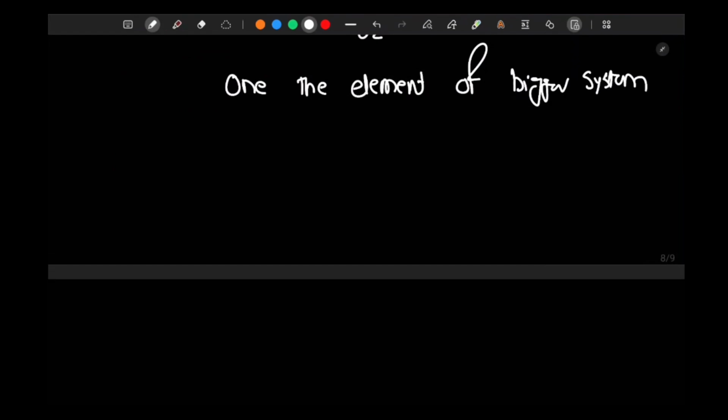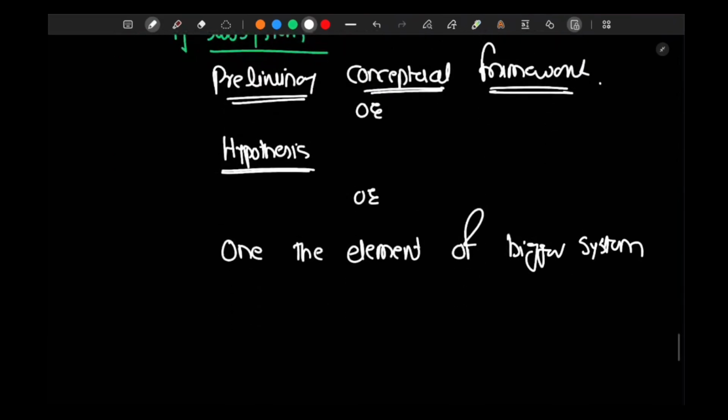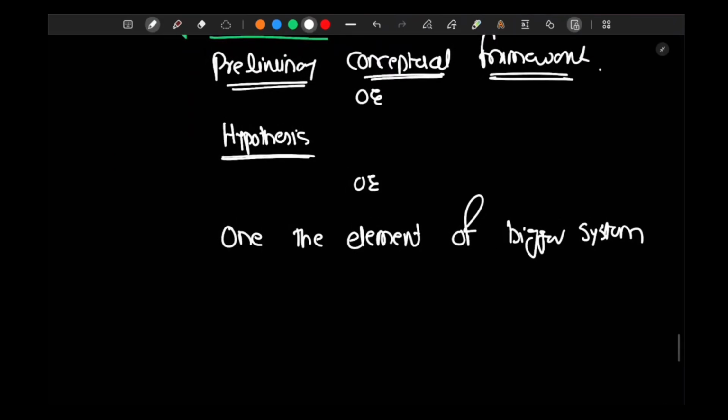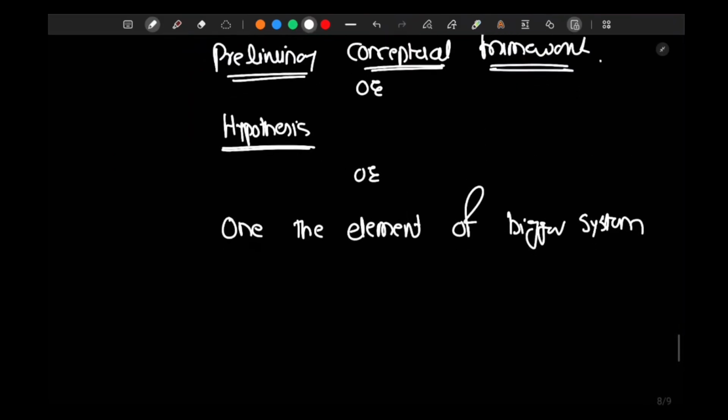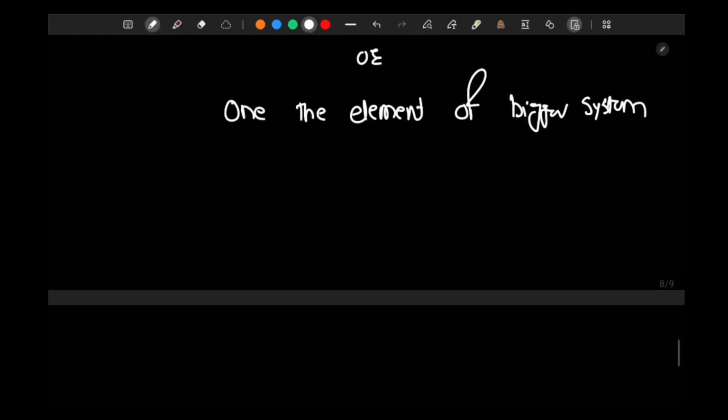So these three systems more or less make the system. So in political science, you will see this as a preliminary conceptual framework or hypothesis. I will give you an example to make you understand this in more detail. What I mean by hypothesis or preliminary conceptual framework. For now, let's just jump to the next element of a system, which is environment.